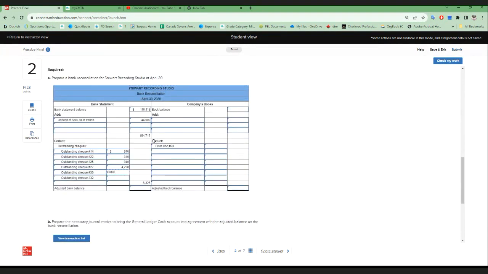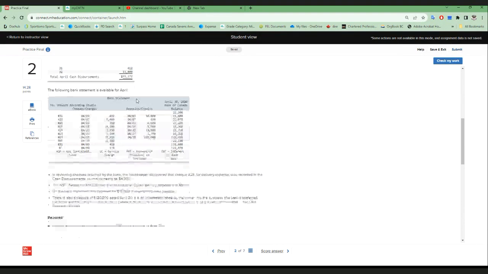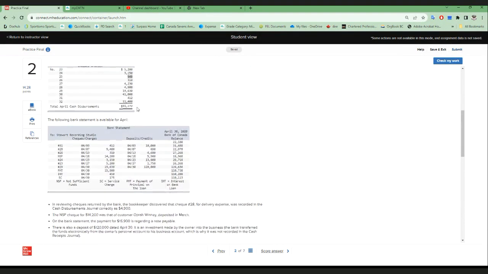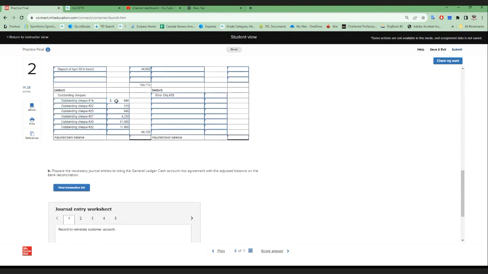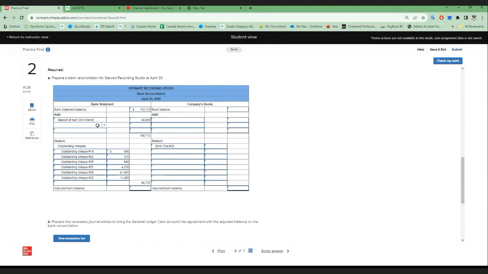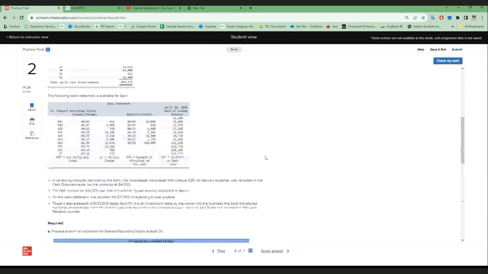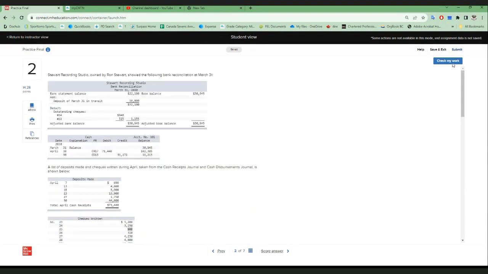I'm really wondering if they want us to put this. I'm just going to put this error check here right now, just to check my work. We'll just check to see if we missed anything. Yeah, okay, so they do want it in the bank side, just because it's a bank error.